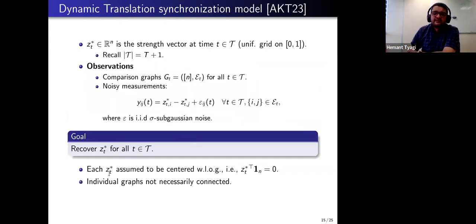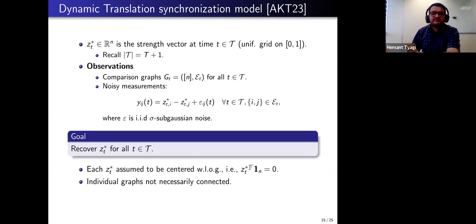So we can only recover Z_t stars up to some condition. You assume that each Z_t star is centered, but you could have other conditions as well, just to take care of this identifiability business. And typically the individual graphs need not be connected, as before.